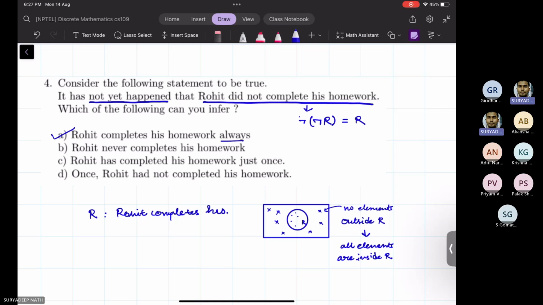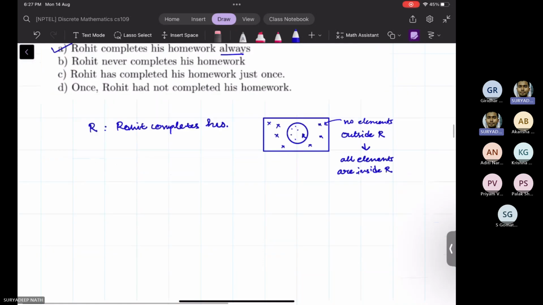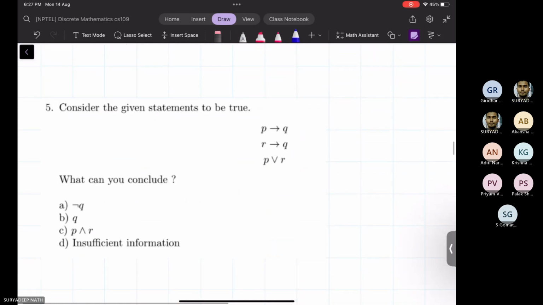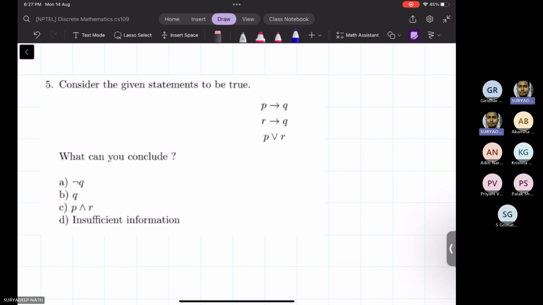All right. Let us move on to the next question. So you have considered the given statements to be true. So you have three statements. One is P implies Q, Q implies R, and P or R, this is true. These two are conditional statements.